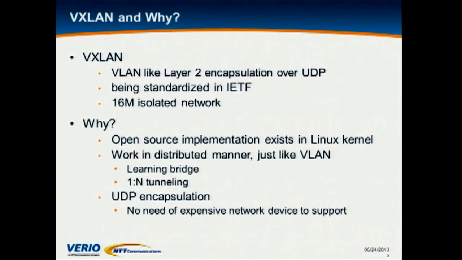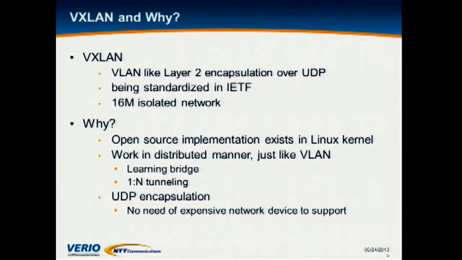VXLAN is a layer 2 encapsulation protocol over UDP packets, and it's being standardized in the IETF. It allows 16 million isolated networks in a domain. Its open source implementation already exists in the Linux kernel and works in a distributed manner just like VLAN.